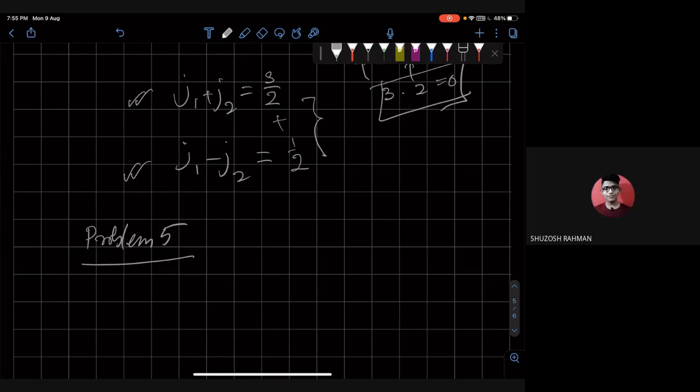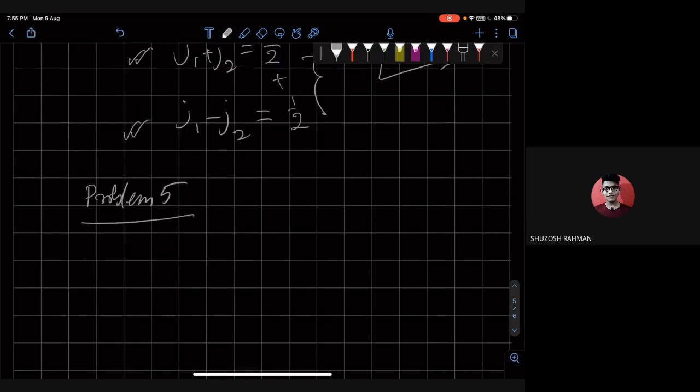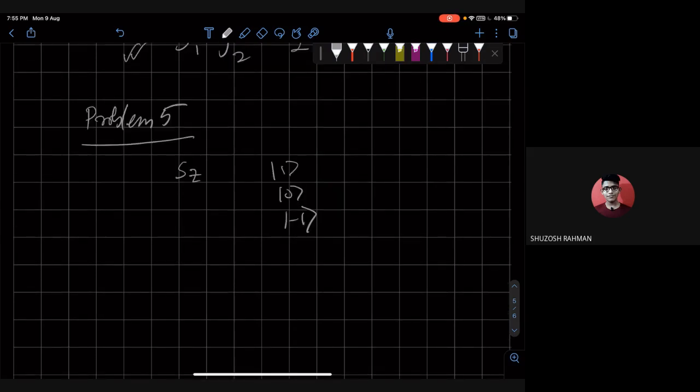Well, essentially the two-dimensional version of it was done in class, right? You find out the Sz basis, which is 1, 0 and -1, and then you find out what this is. This is the Sz basis, and that gives you a 3 by 3 matrix.